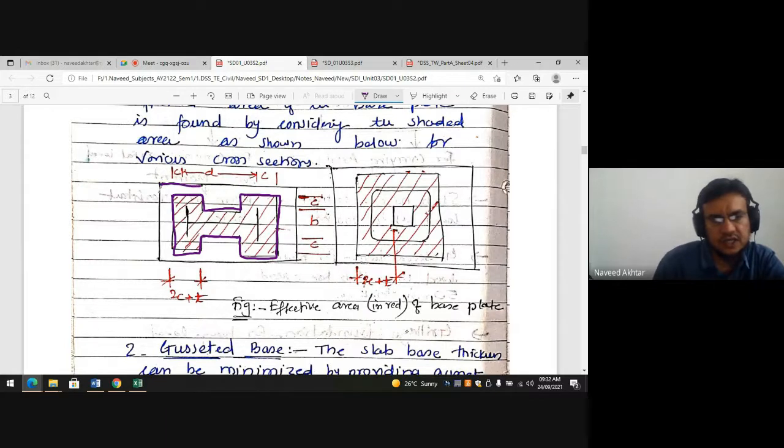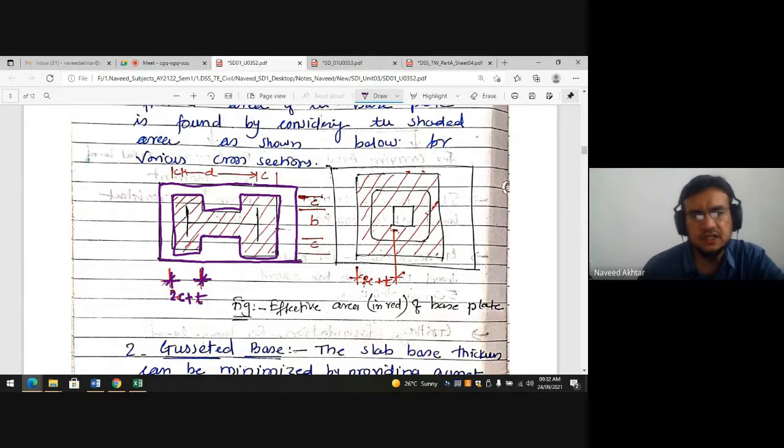The effective area is only the shaded area. It is measured from the center: two times C plus two times C plus T. T is the thickness.